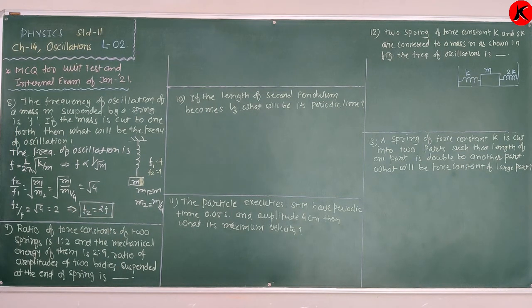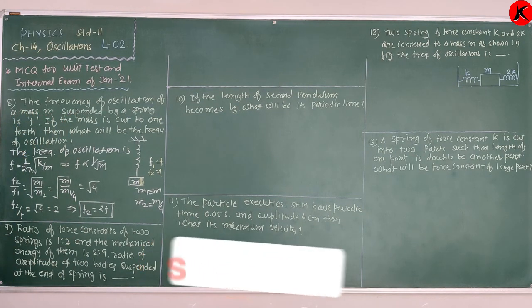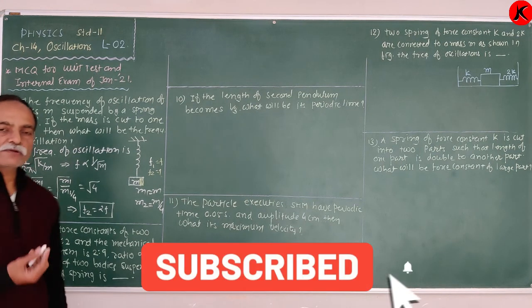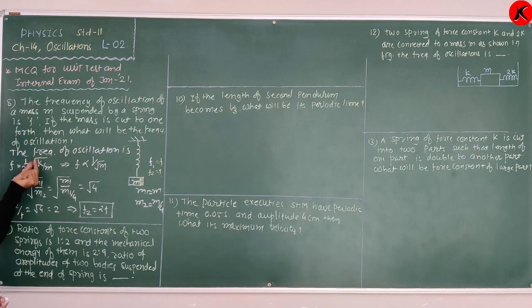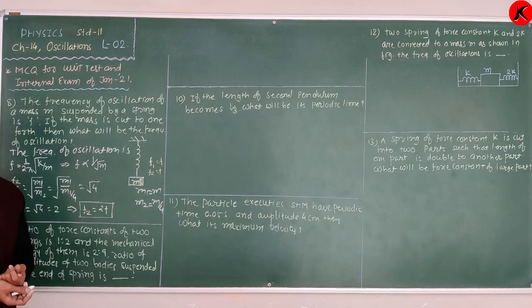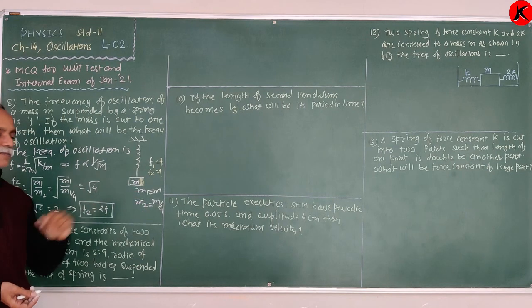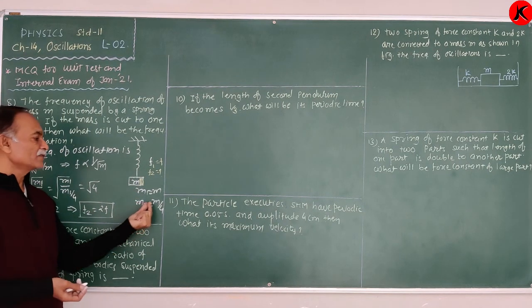Now listen here again. The frequency of the oscillation of a mass M suspended by a spring is given, therefore here we have to apply the equation of the frequency of oscillation, F is equal to 1/2 pi under root of K upon M. Now the mass is cut and the remaining mass is 1/4 of the initial mass, therefore M2 is equal to M by 4.